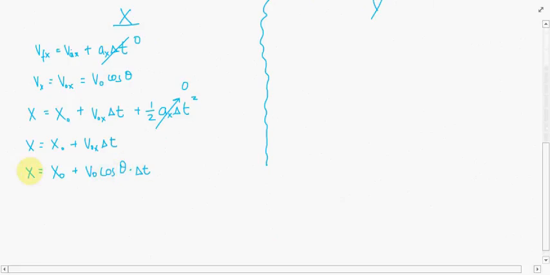Okay, so this is one really important equation that applies to projectile motion, and this is the other one.